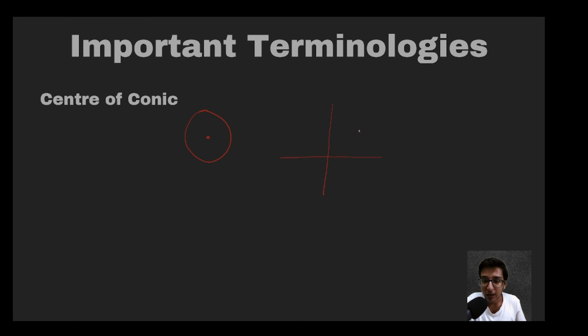So for a parabola, this is how a parabola looks like. This is the center. We also call this the vertex as well.